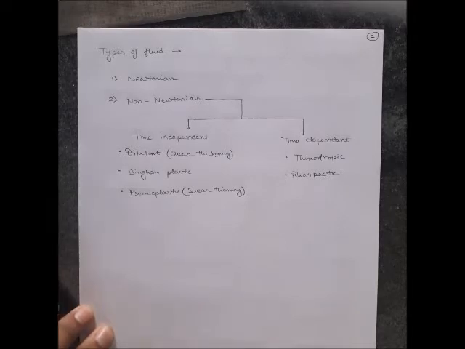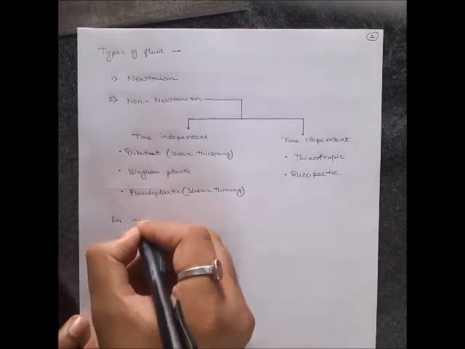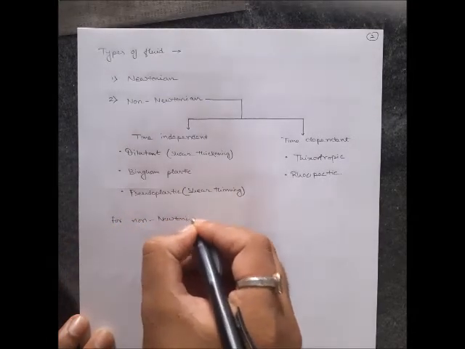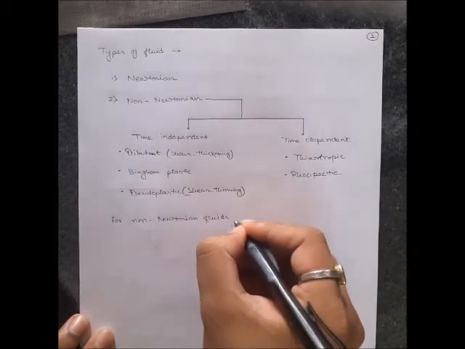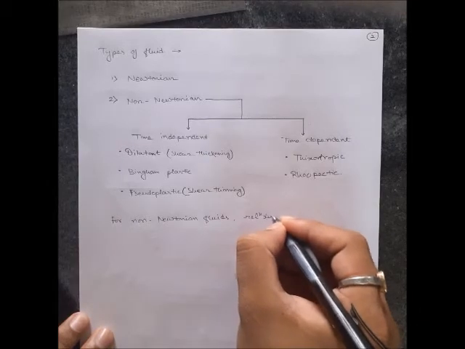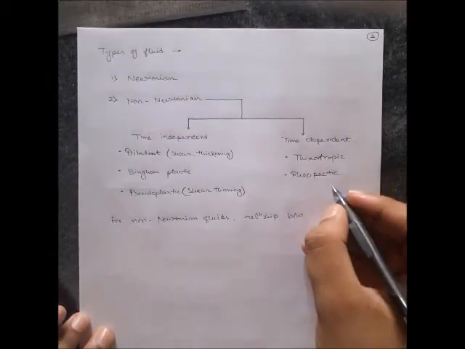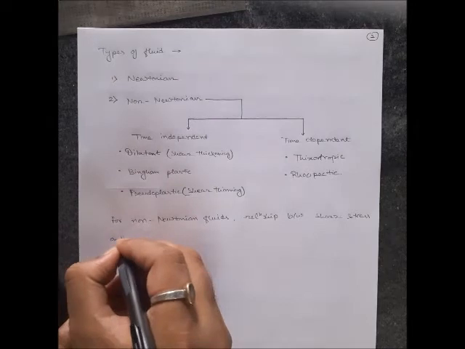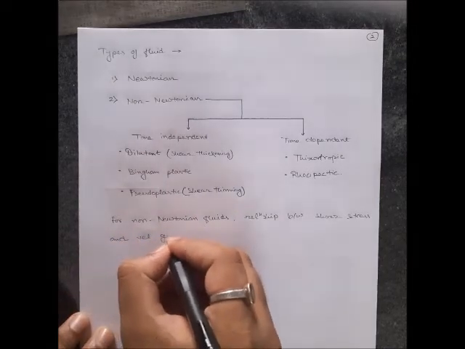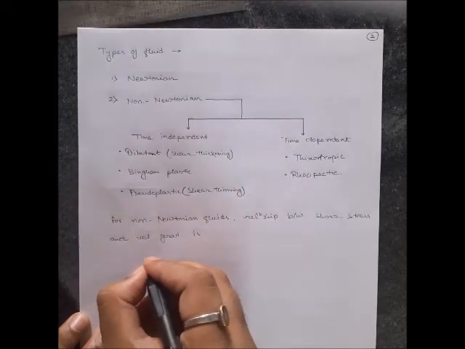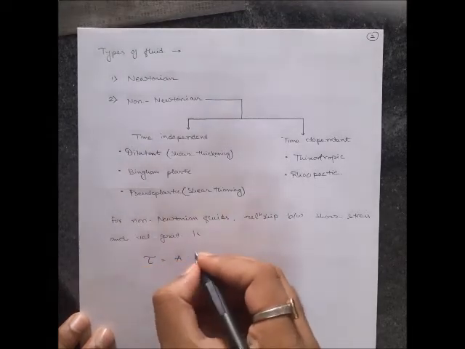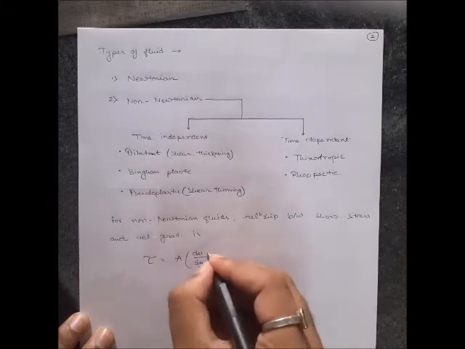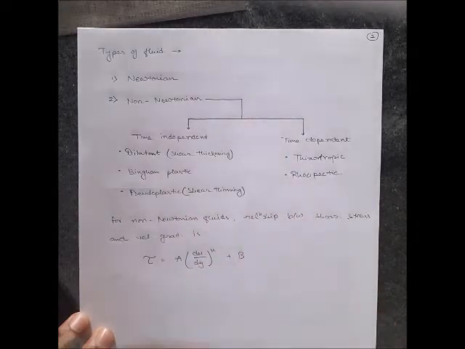For non-Newtonian fluids, the relationship between shear stress and velocity gradient is tau equals a (du dy) to the power n plus b, where a and b are constants depending on the type of fluid and condition of flow.